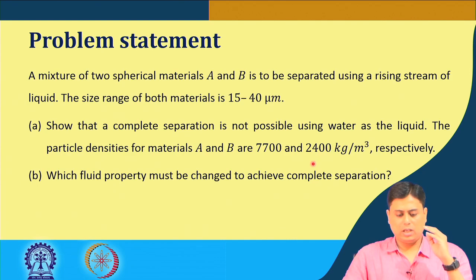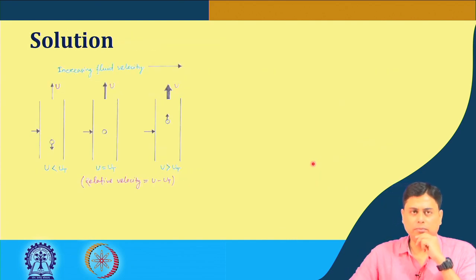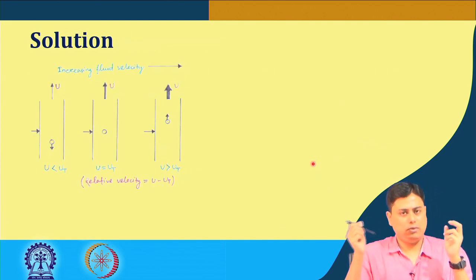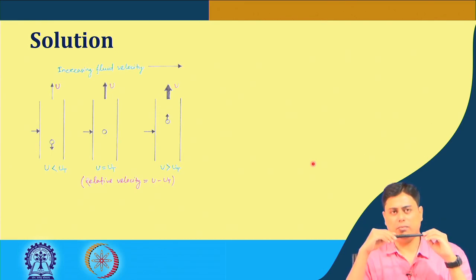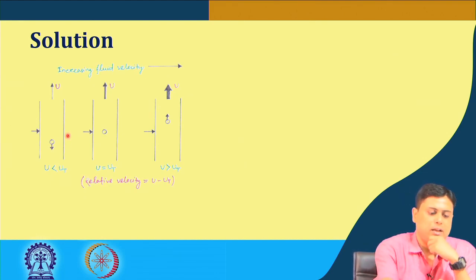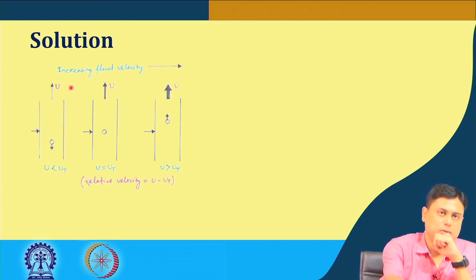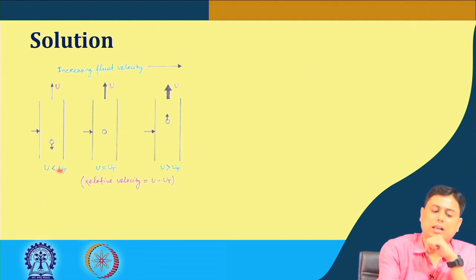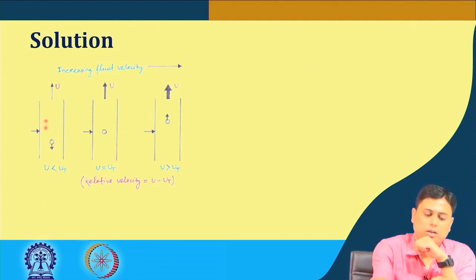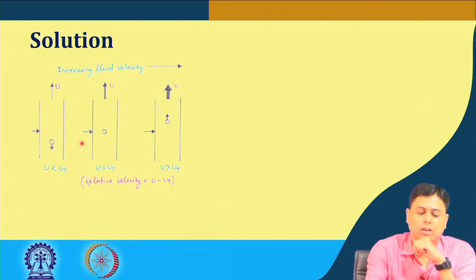Fine. So schematically, to understand this problem, at first think of it in a single particle manner. For a single particle, let us say this is the rising stream of liquid at a velocity u. The single particle, after attaining its steady state terminal velocity, if this terminal velocity is larger than the water stream, the rising stream, then it will settle.